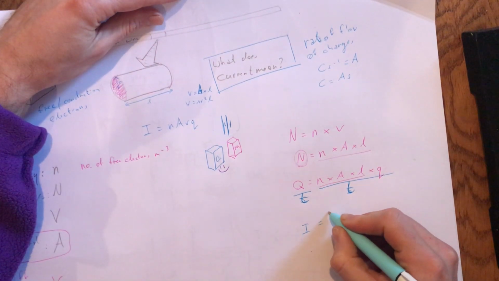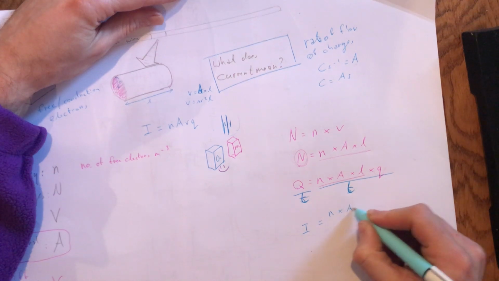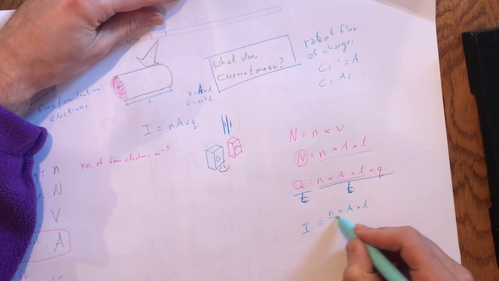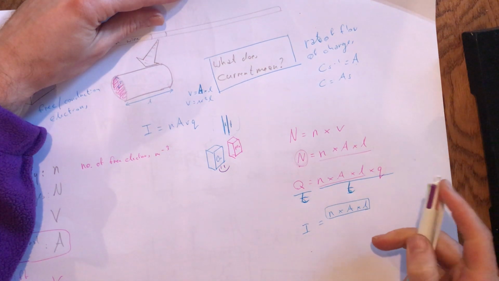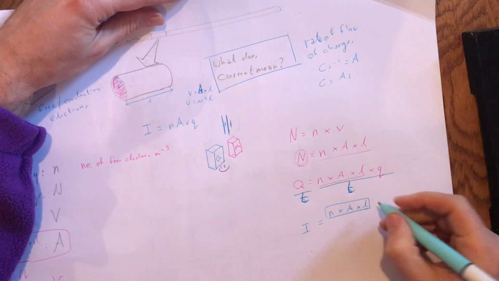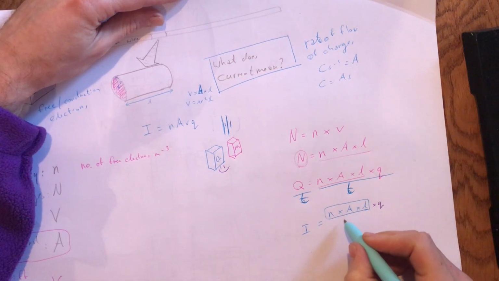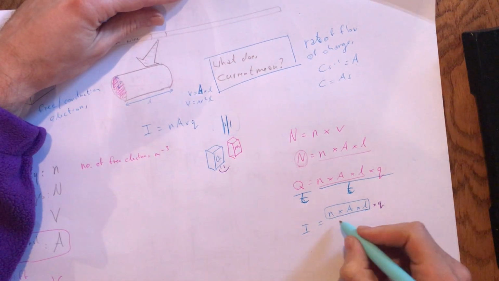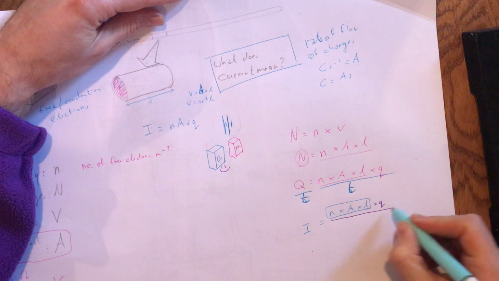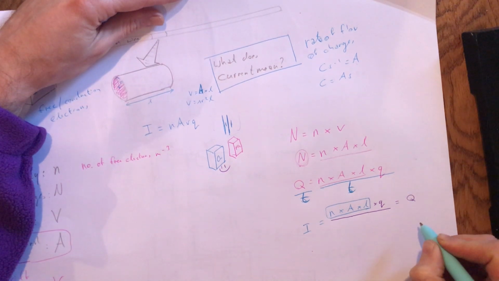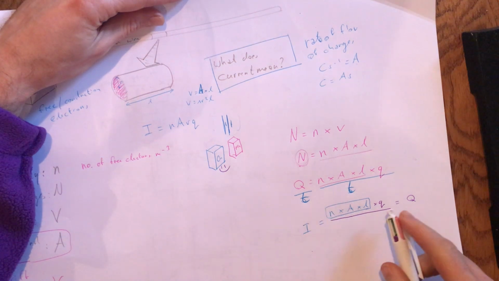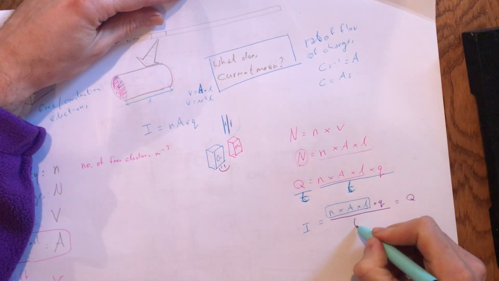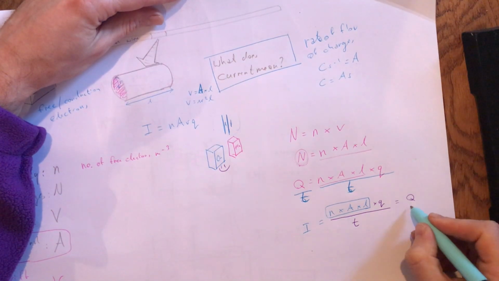I equals number density multiplied by A multiplied by L. And if you remember, these together are equal to the number of electrons. And when I multiply this by Q, the fundamental charge, that gives me the total charge. So this is equal to big Q. And then, of course, I've divided both sides by T, so that's got to be divided by T still.